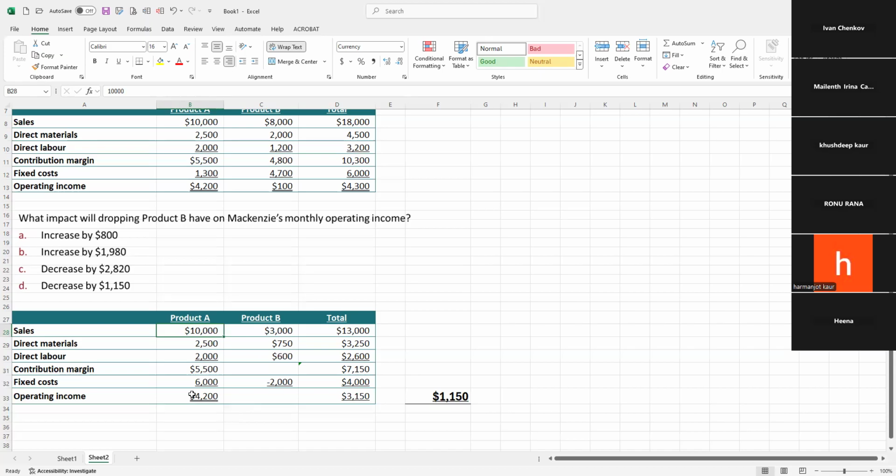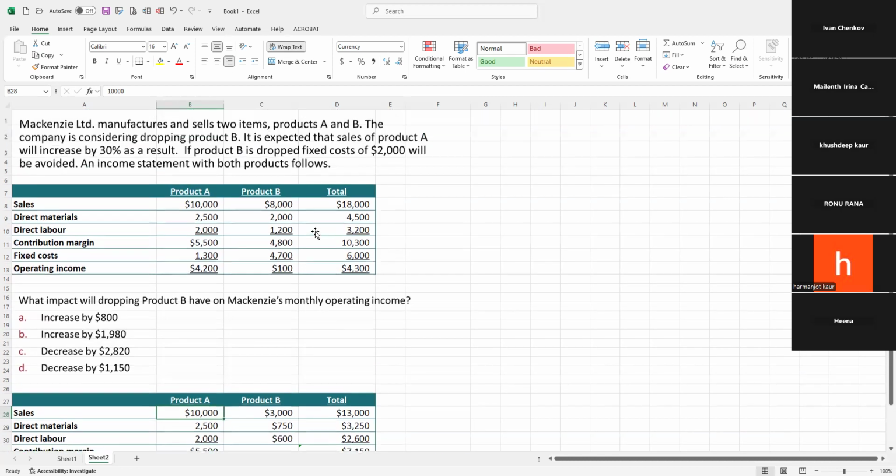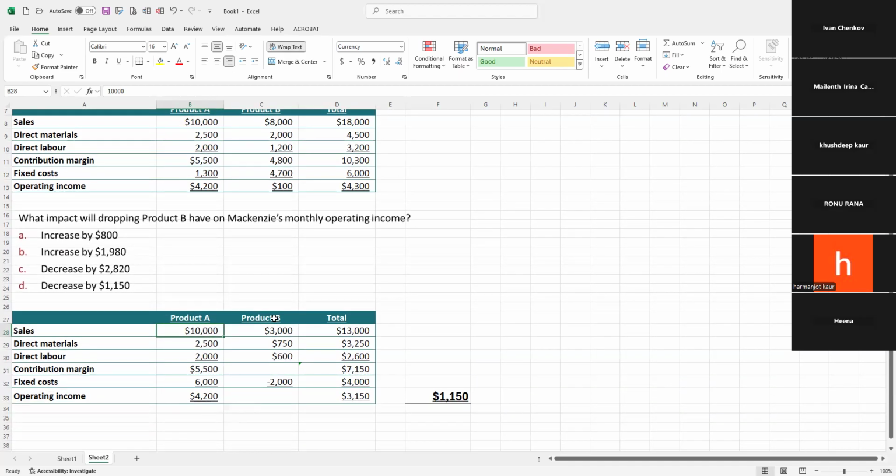This is one common mistake that we all do, including myself. So be careful with this type of questions and read the question carefully. What exactly increasing and what exactly decreasing? Make sense?